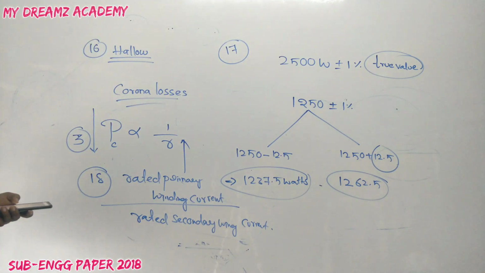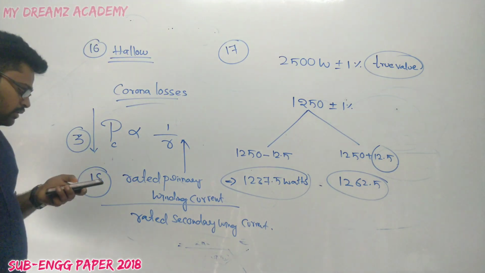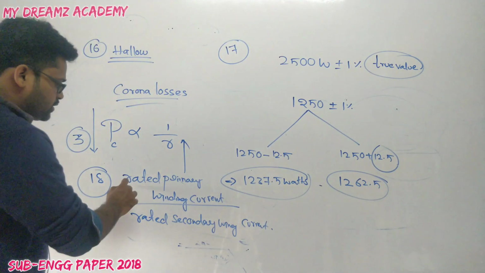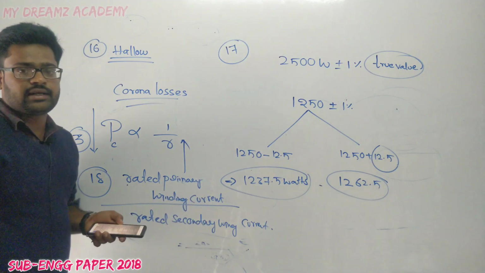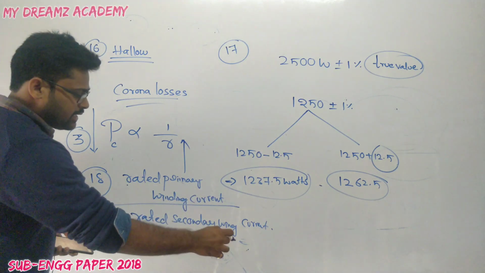This is the answer for nominal ratio. Nominal ratio is nothing but rated primary winding current divided by rated secondary winding current.